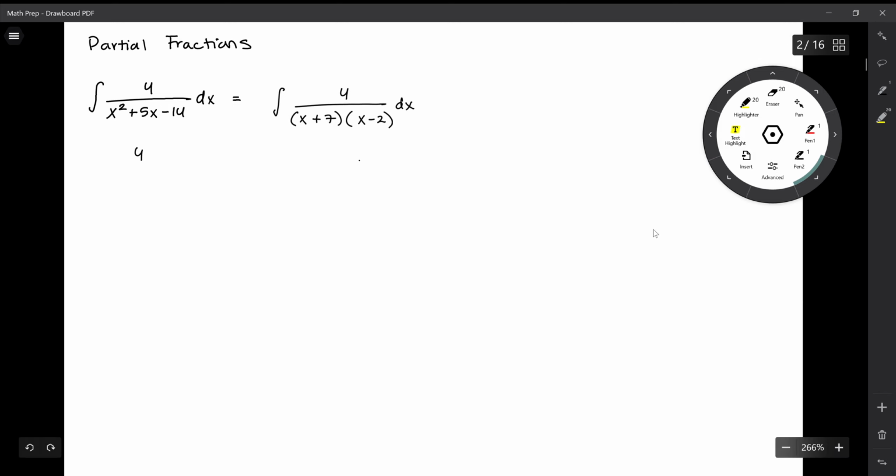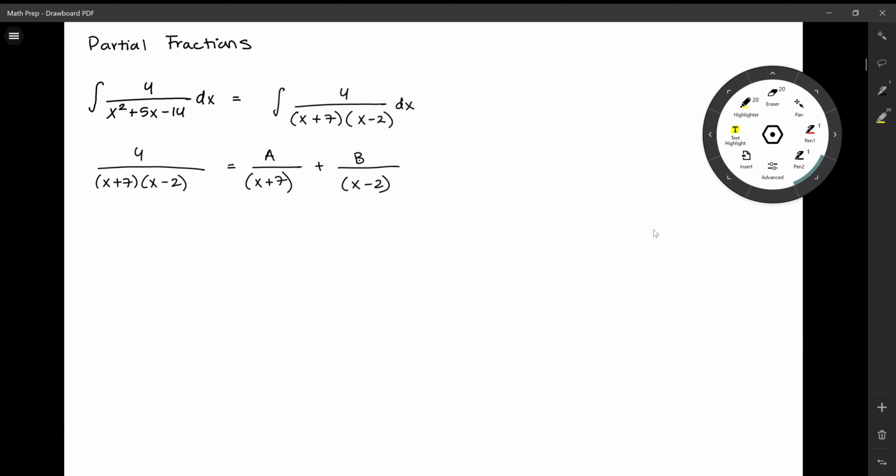What we're going to do is pull this out like this, and then put two unknown variables at the top. So basically I'm splitting this into two different parts.